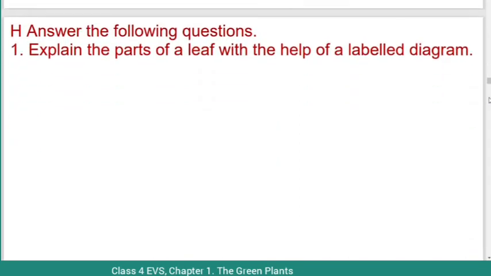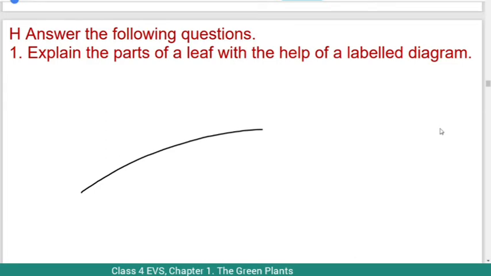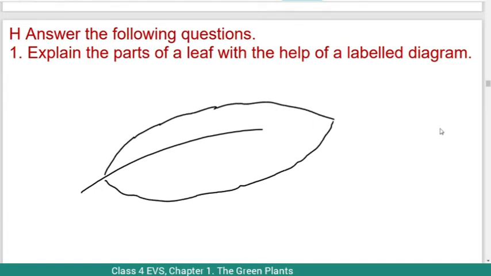Section H. Answer the following questions. First question, explain the parts of a leaf with the help of a labeled diagram. Answer, for this one I will draw a leaf and mention its parts.